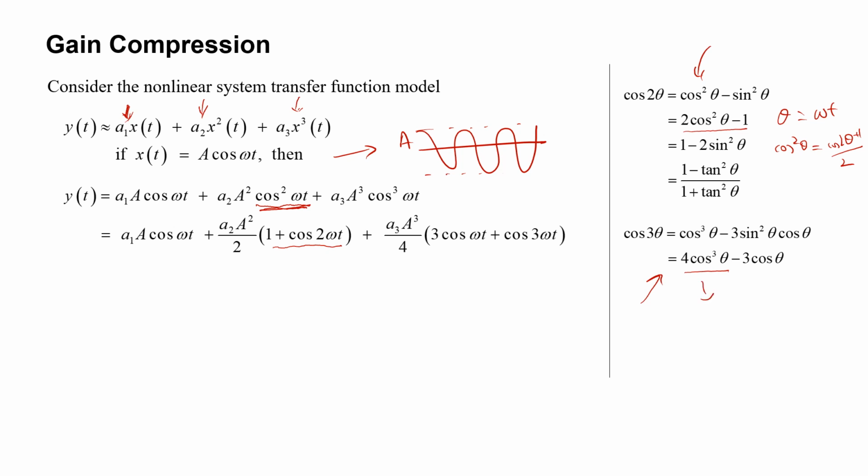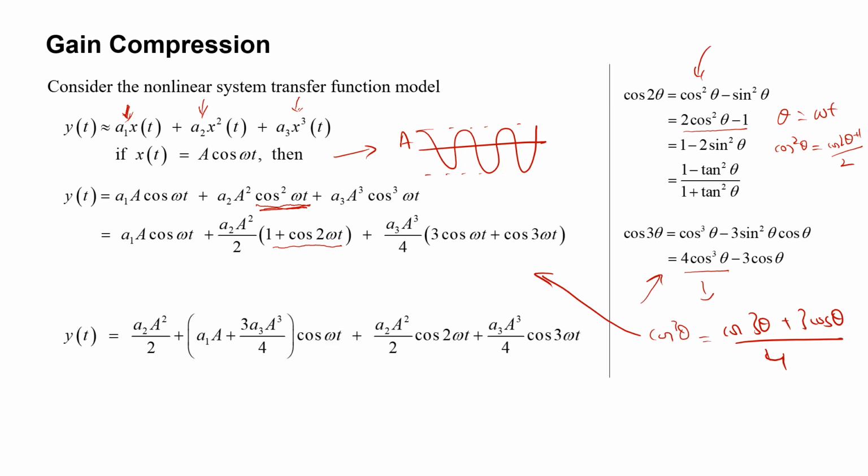So just to derive what cos cube theta should be, it should be equal to cos 3 theta plus 3 cos theta, whole divided by 4. Again I put this value here and eventually I will get to this equation.